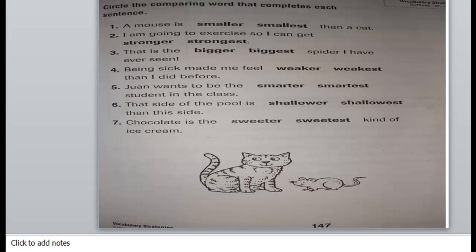Yes, exactly. We add est. So chocolate is the sweeter kind of ice cream or is the sweetest kind of ice cream? Yes, perfect. It's the sweetest kind of ice cream. Good, guys. Okay. You were all perfect today.